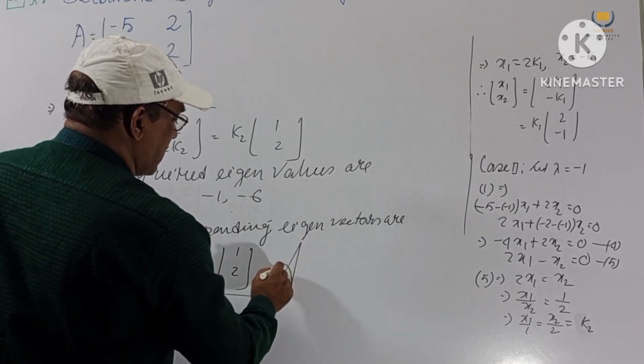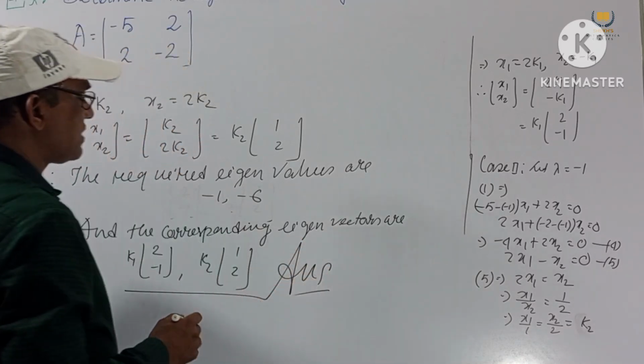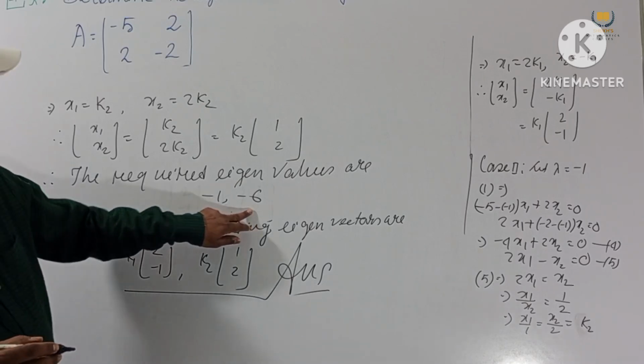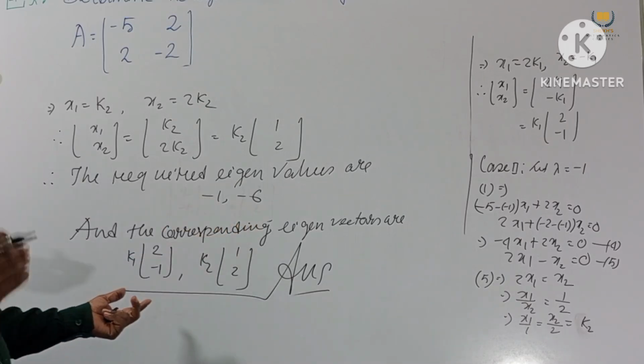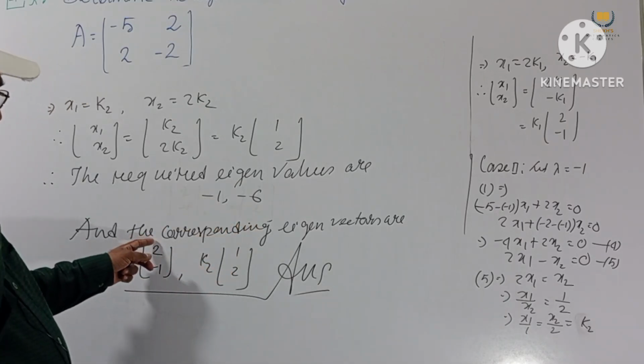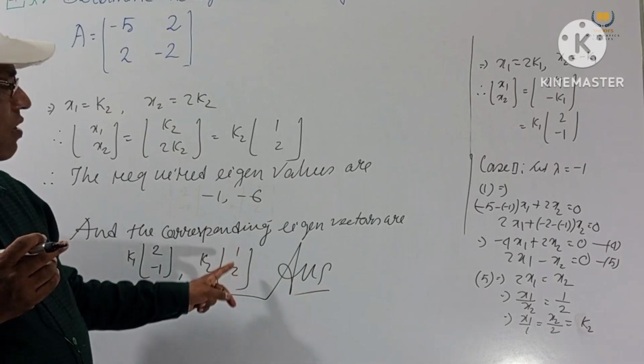So these are the answer: -6, -1, and eigenvectors are (2, -1) and (1, 2).